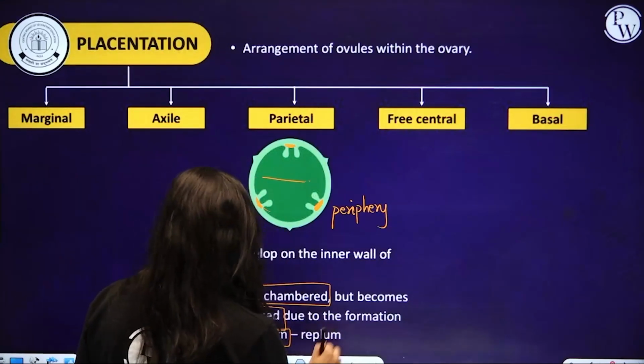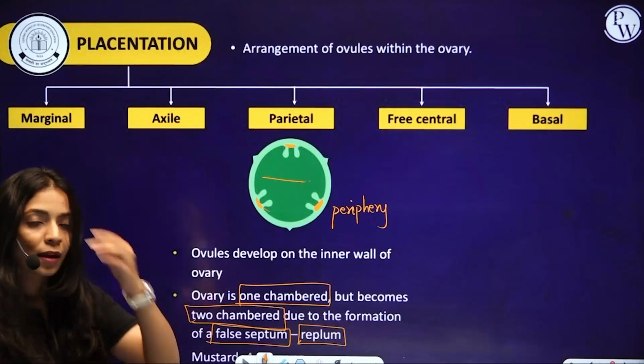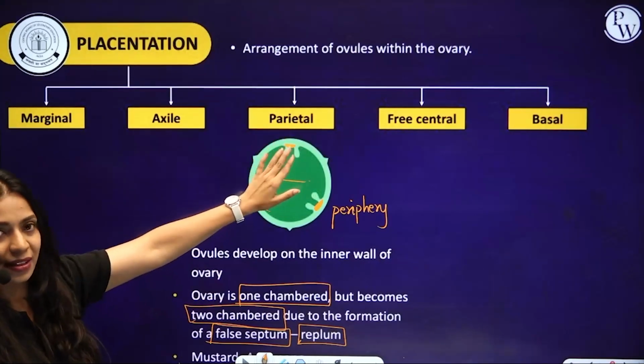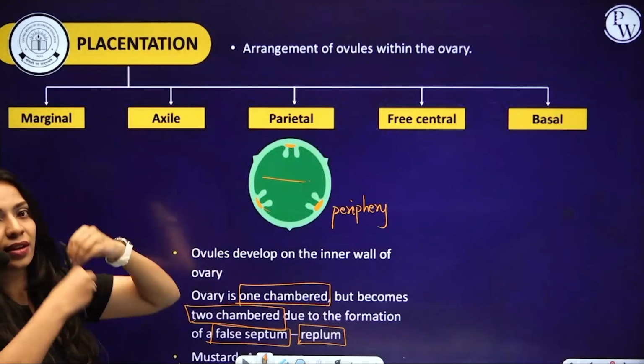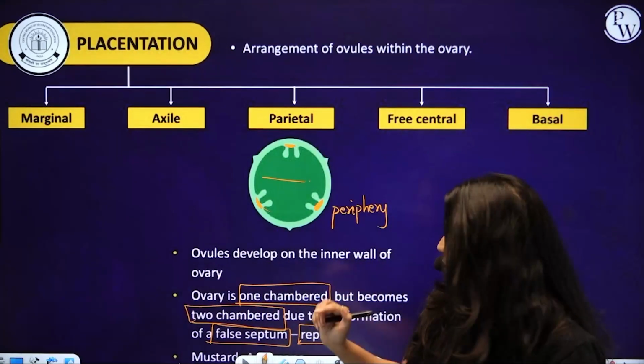A false septum forms, and the false septum is called replum. I repeat, over here in parietal placentation, placenta is present at the periphery on the inner wall of the ovary. To that placenta, the ovules are attached. Initially, it is single chambered.